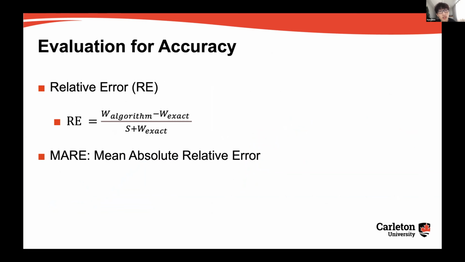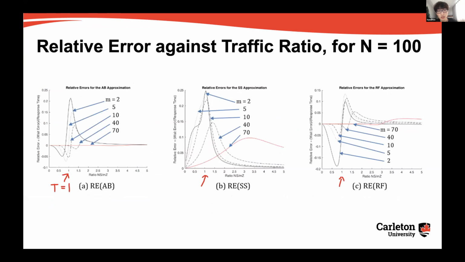We use relative error for accuracy. The relative error calculation is the difference between the waiting times over the response time. These figures show a quick look at the approximation errors for RF, AB, and SS for a model with the population equal to 100.